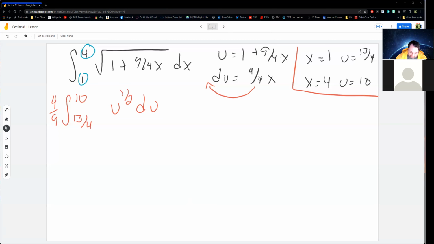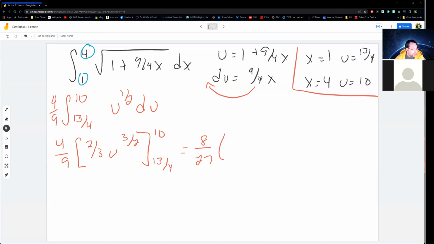So now we got to do our integration. So we have the 4/9 up front. And the integral of u to the 1/2 is 2/3 u to the 3/2. And we're evaluating that from 13/4 to 10. So I've got 8/27.